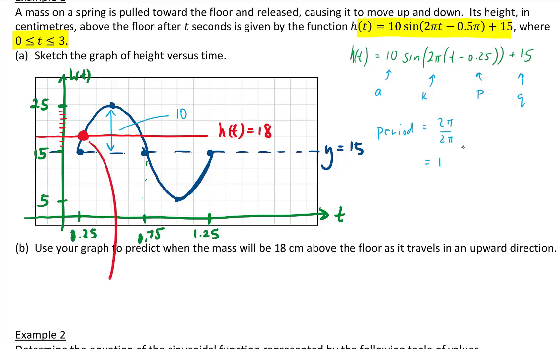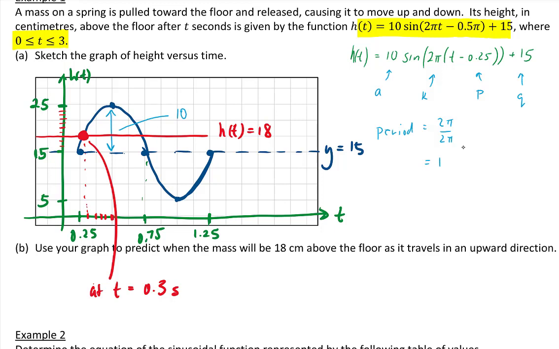So if we want to make that prediction, we know that this is 0.25. So this could be 0.3, 0.35, 0.4, 0.45. So we just have to make a prediction. We can say that's approximately at t equals 0.3 seconds. And again, it's just a prediction.